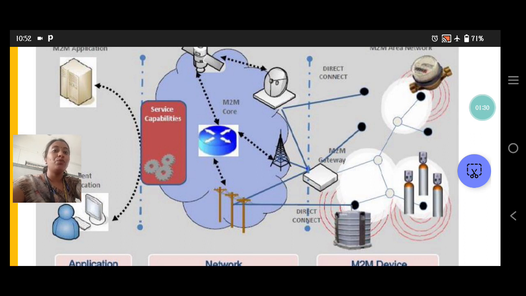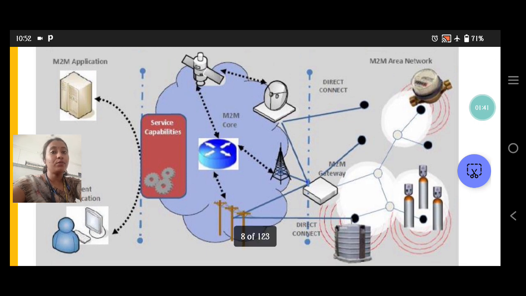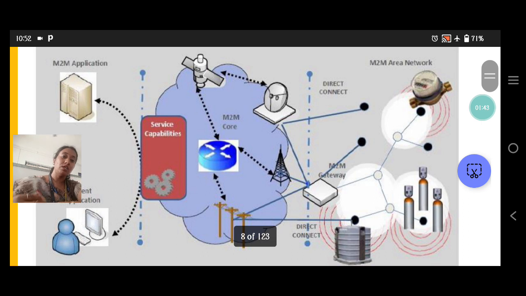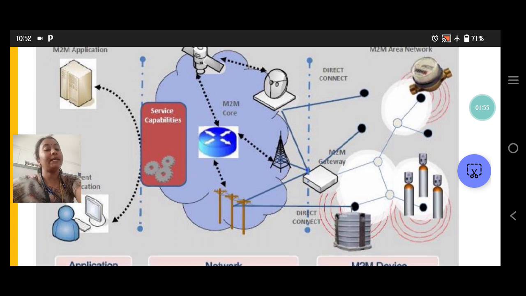It can be a laptop, a computer, or a phone. The server also has data servers, which are machines that gather information from machines. The extraction and processing of information comes from M2M functions. So this is the application domain.